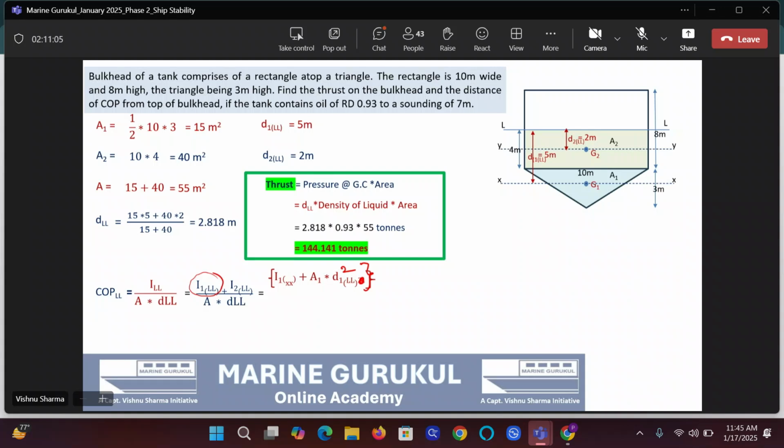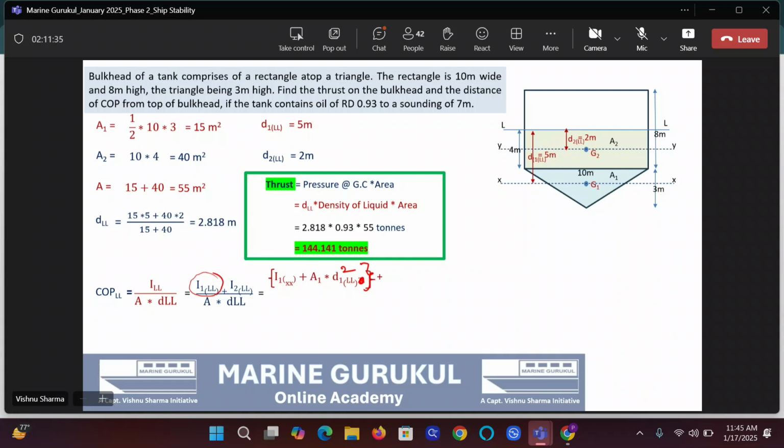Correct, guys? This is I1LL. If anybody has a doubt, please let me know right now. I1XX plus A1 into D1LL square, right? Can you likewise write down the theorem of parallel axis for I2 with another bracket? These brackets have no role because everything will be added eventually, but the first time you should put brackets so that you know this is this term, this is this term.